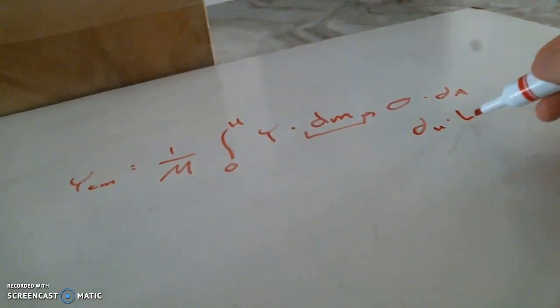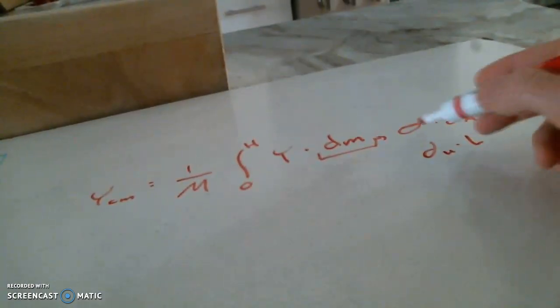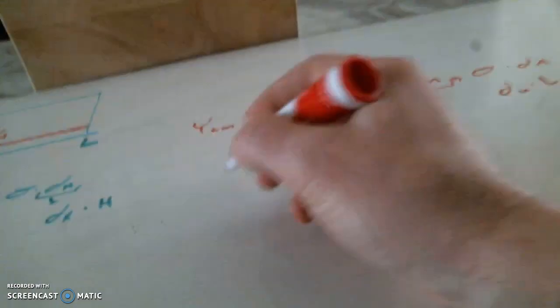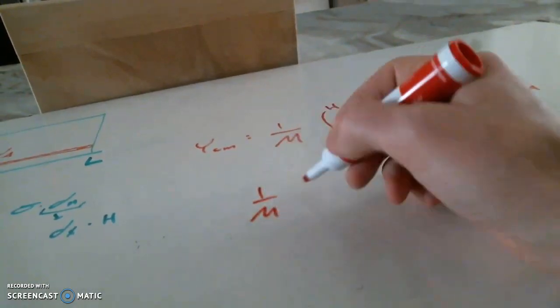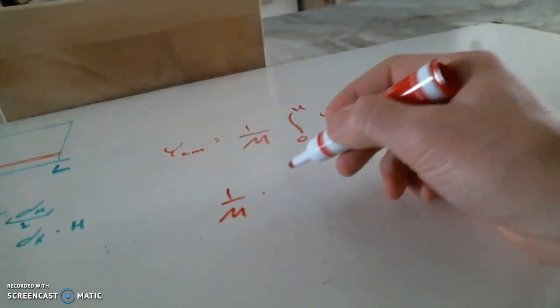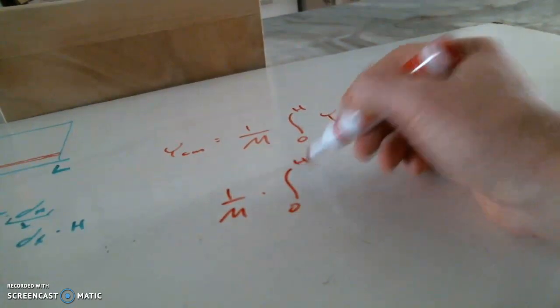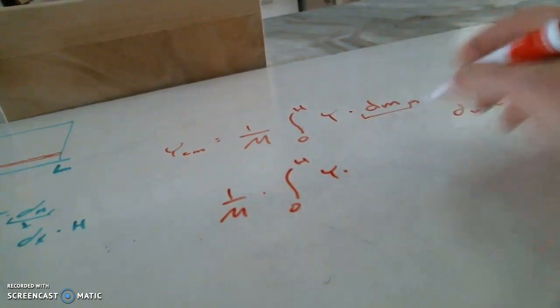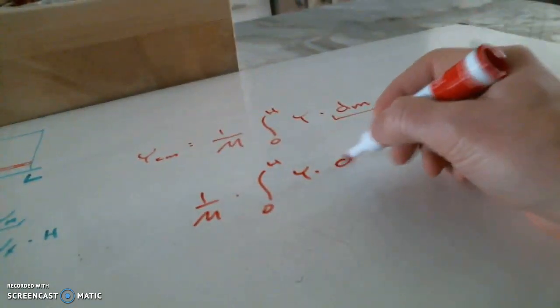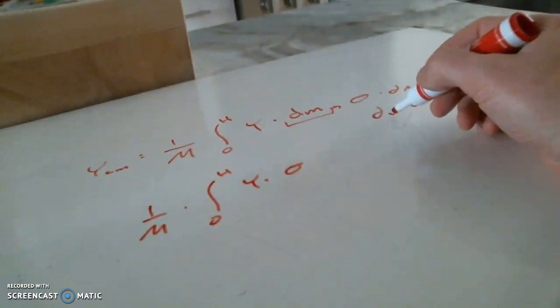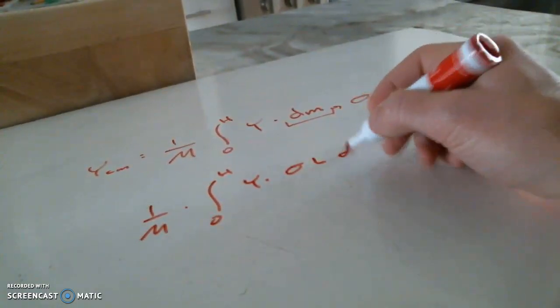So that's what I will refer to the differential mass as, times the sigma. So it ends up becoming 1 over the capital M, this is from 0 to h, y times sigma L dh. So it's a differential height and this.